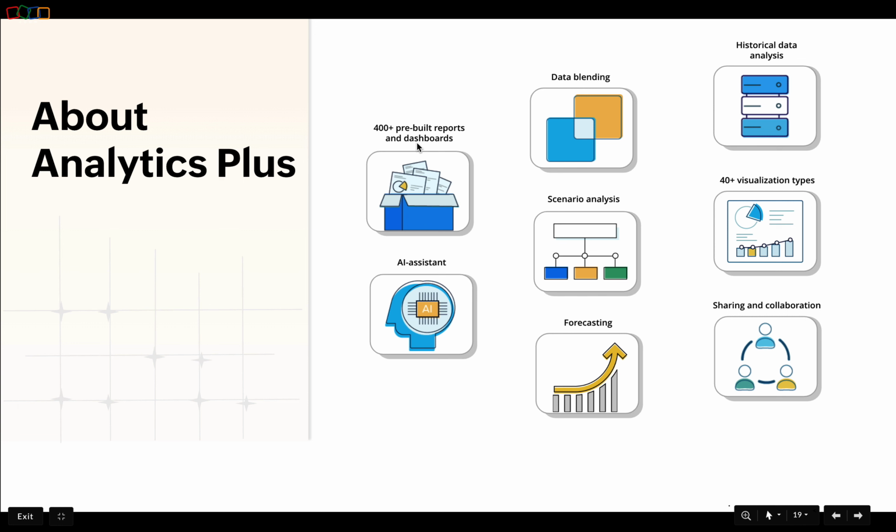So the first question we have here is, I'm using ServiceDesk Plus with Analytics Plus, but I can't see the reports that you've mentioned in the session. How do I get these reports? So the reports that we discussed through this webinar today are a part of the report bundles that we've released.